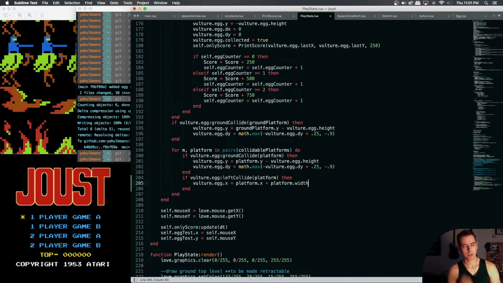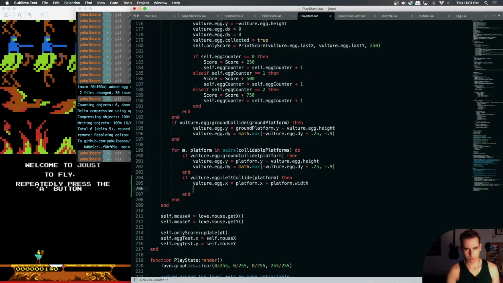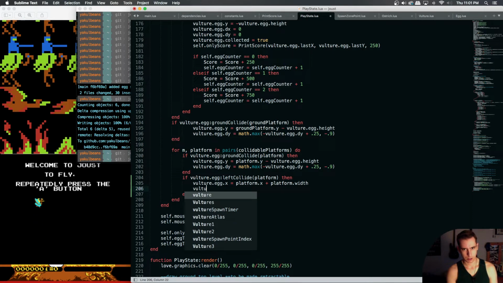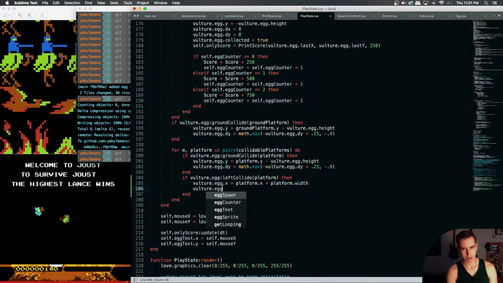Yeah, the egg collides with the platform, we're moving it so it's not colliding with the platform, then we're swapping its dx, and instead of swapping its dx, we should actually just say, you know what, and this fixes our problem we were talking about.